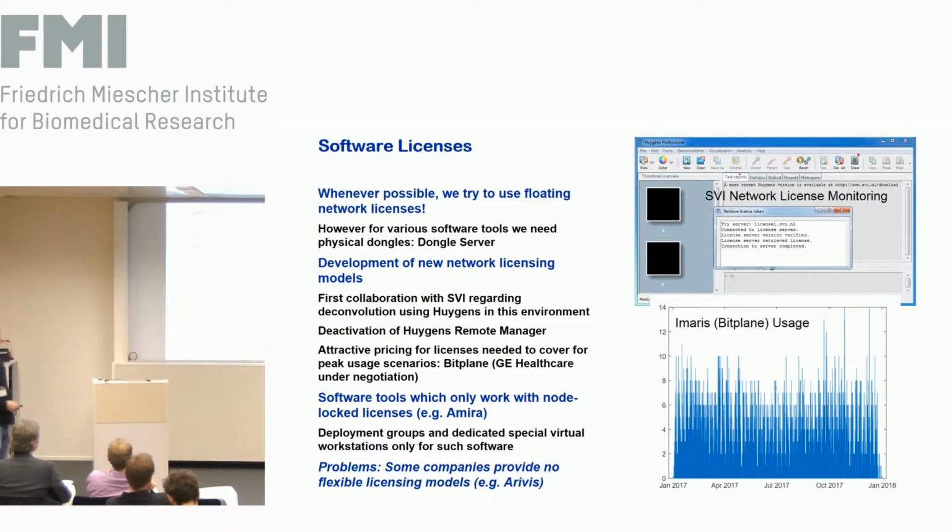That's actually a graph which we made for BitPlane. We have a very nice collaboration with BitPlane and, I would call it, a fair usage model. We own, obviously, as everyone, licenses, and we pay maintenance for them to make things better.